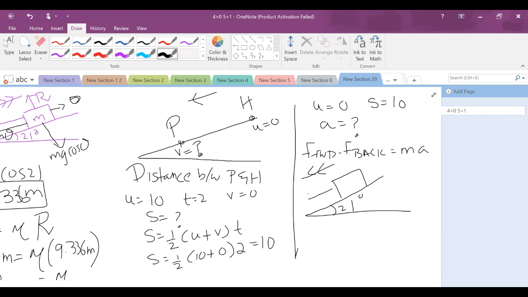So you know this is mg sine theta. This is mg cos theta. That's r. And in the backward direction, you have mu r, that is the friction.